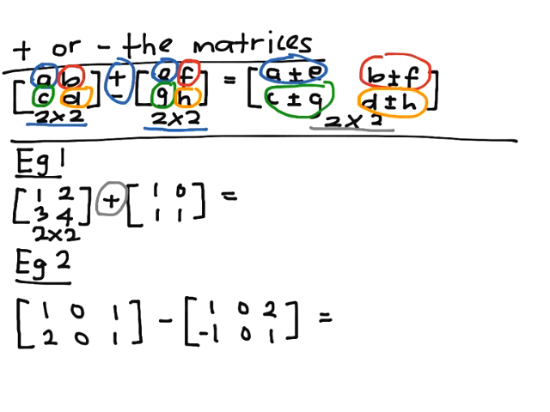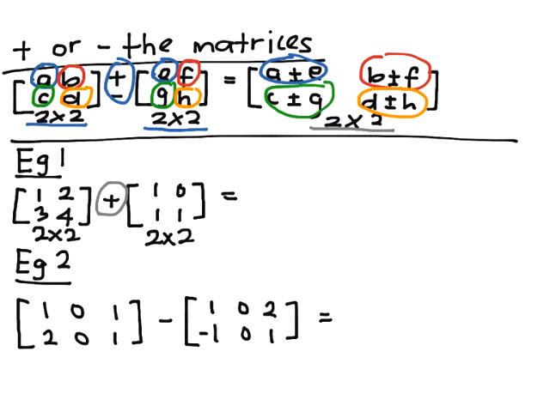We can see that 1, 0, 1, 1 also has the size of 2 by 2. So they have the same size, so we can plus or minus. Again, after we plus or minus, we will come up with an answer of the same size of matrices, which is also 2 by 2.